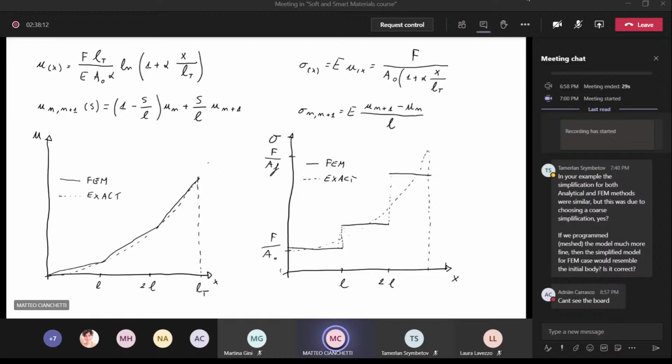Non è che vale, nel senso, S è la nostra coordinata spaziale.